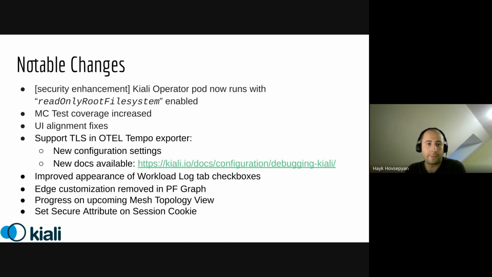For the OpenTelemetry Tempo exporter, we now have TLS support enabled, and it got new configuration settings, which are documented in kiali.io. You can see the link to this. For the workload details logs tab, we have improved the checkboxes, and for the graph page, the edge customization is removed now.